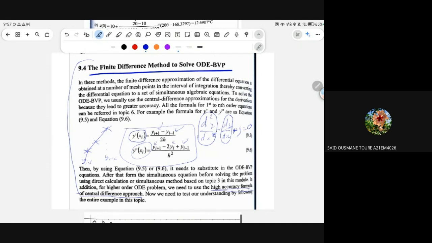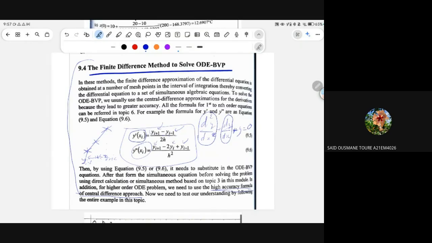You just take the half: y_{i+1} minus y_{i-1}, divided by 2. You get the value, the distance here in other terms.